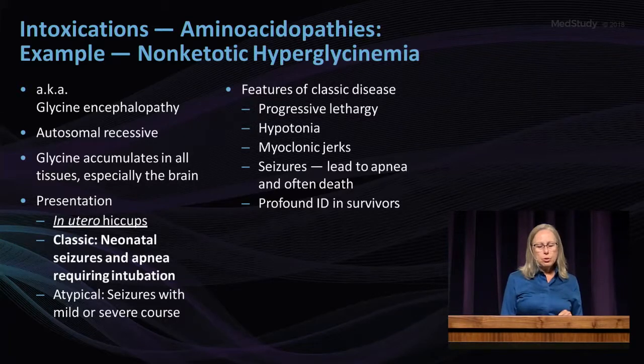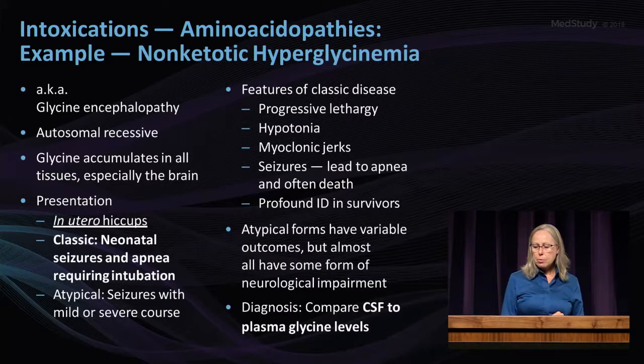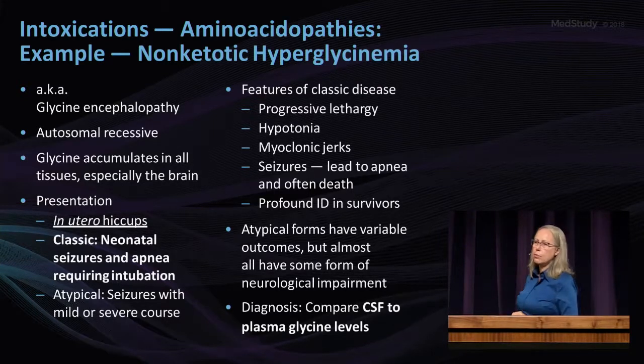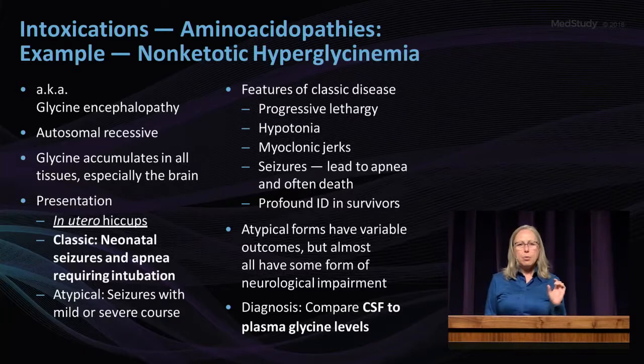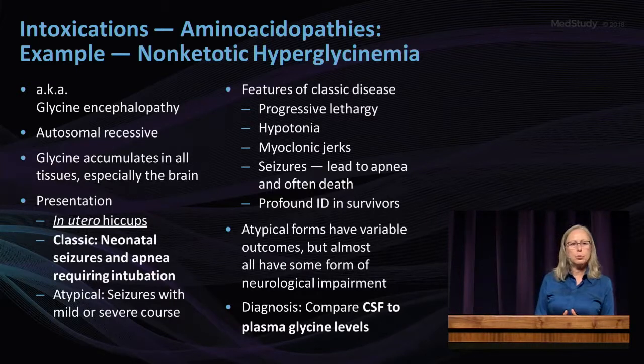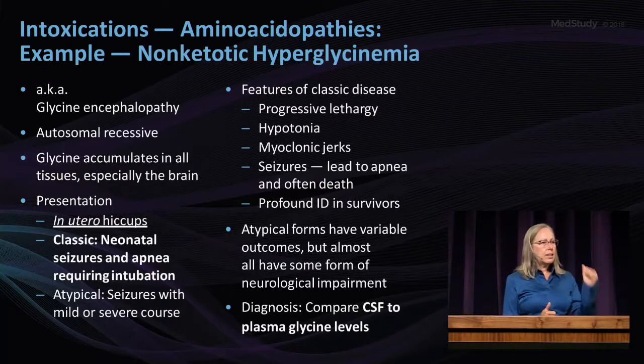In those children who do survive, there's profound intellectual disability. The atypical forms have variable outcomes, but they all have some form of neurologic impairment. And the way you make the diagnosis is getting paired CSF and plasma amino acids and looking for enrichment of the glycine in the CSF space.